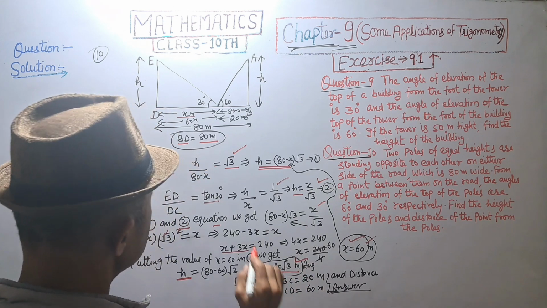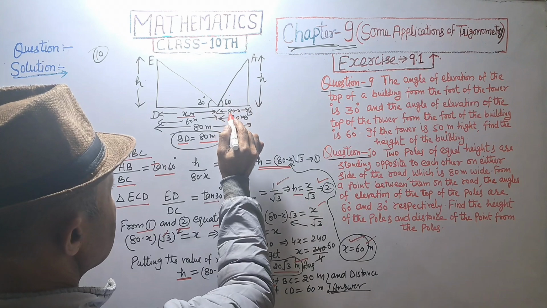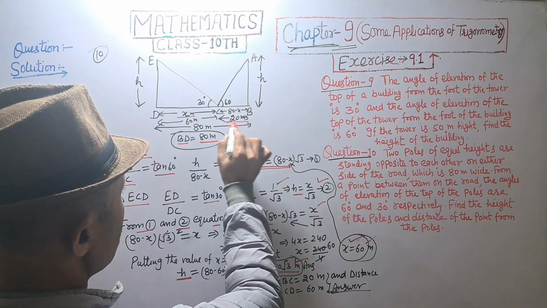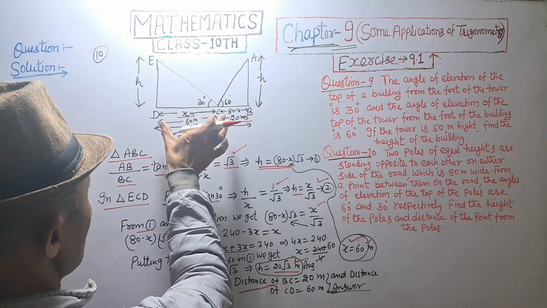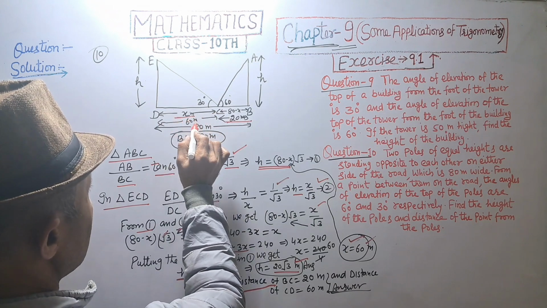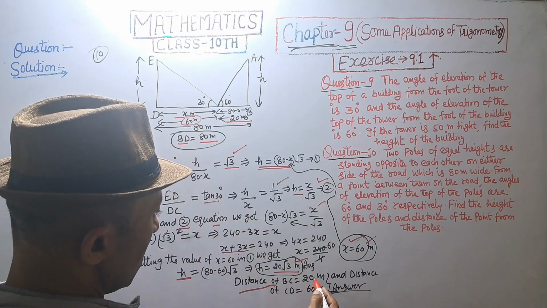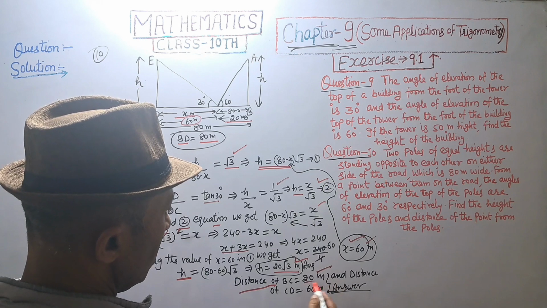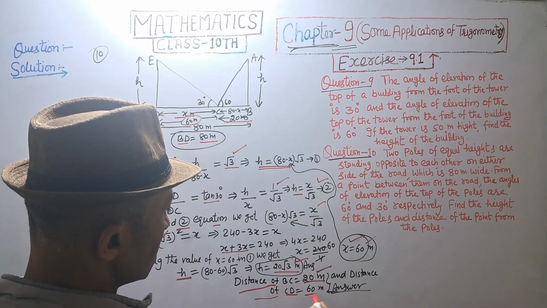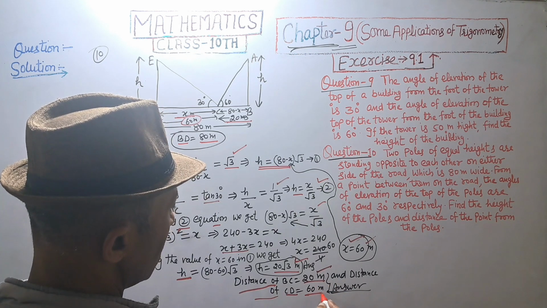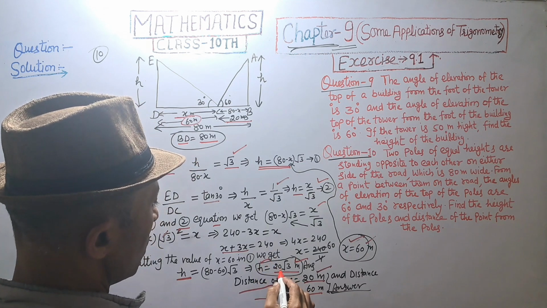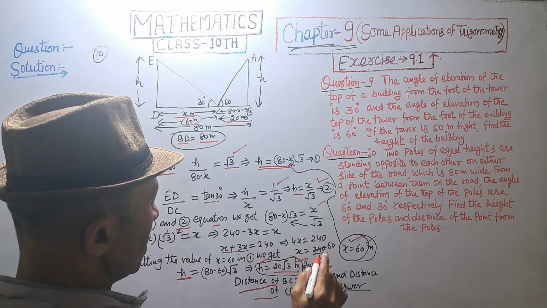And distance of BC, that is 80 minus 60 is 20 meter and distance of CD x is equal to 60 meter. BC is equal to 20 meter, and CD is equal to 60 meter, and height of poles is equal to 20 root 3 meter.